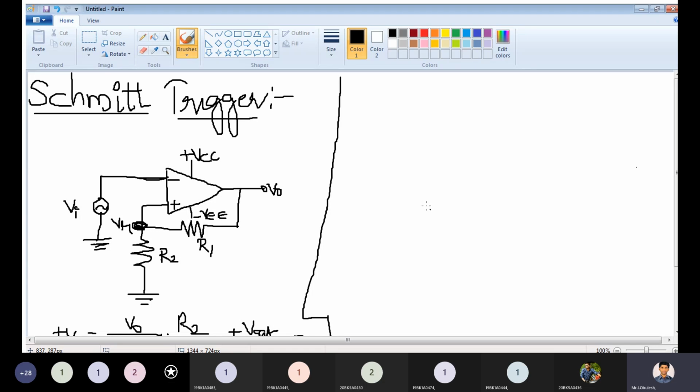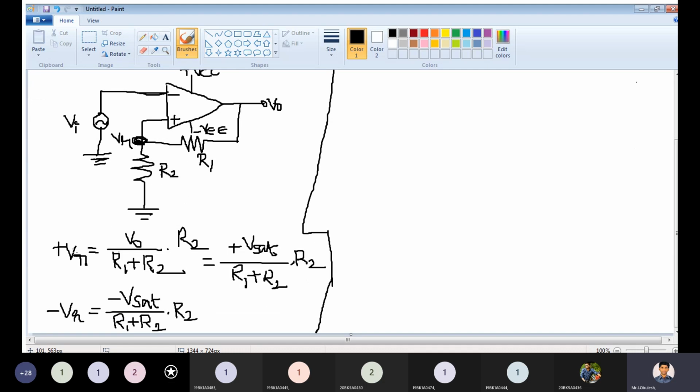You need to keep in mind, this positive V reference is for positive V saturation; when V naught is equal to plus V saturation, it is called upper threshold voltage, VUT.